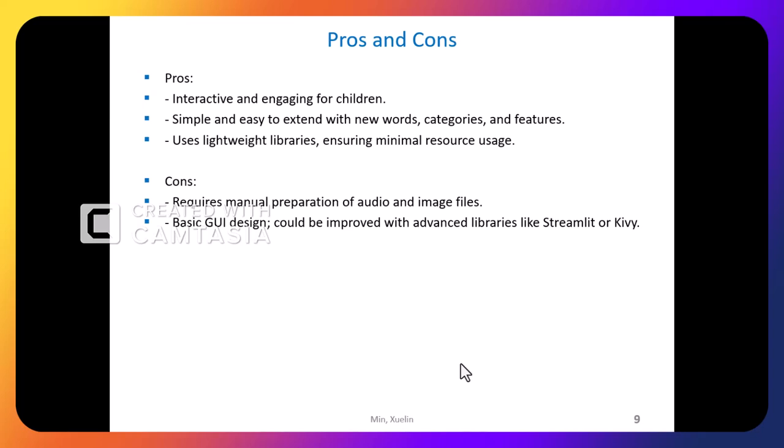Lightweight libraries like Flask and Pygame ensure smooth performance. The limitations are that preparing the audio and image files manually requires additional effort, and the GUI could be enhanced with advanced tools like Streamlit or Kivy.